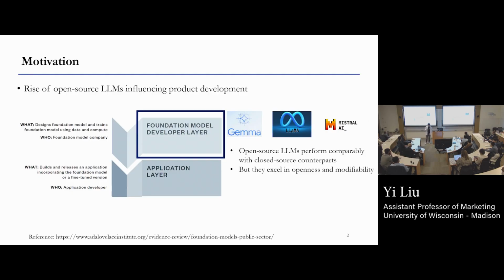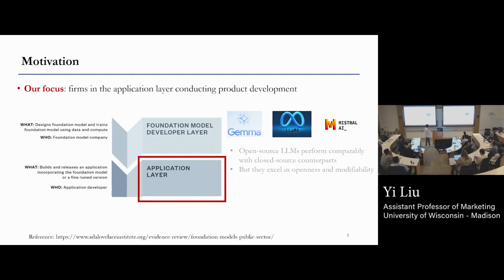And what we are going to focus on in this talk is what we call the application layer. That means we try to use these foundation models and build our own applications and deliver some products to the end users. For example, think about large language models, and we can use them to build a generative AI-based, let's say, tutoring app.